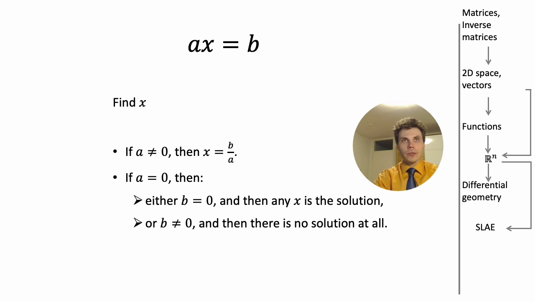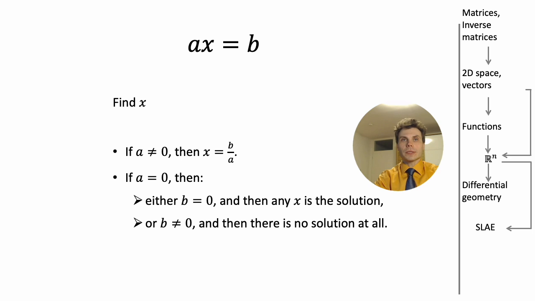Case number two is if a is equal to 0, and then there are two subcases. Either b equals 0, and then x can be whatever number, because any number multiplied by a, which is 0, will give you 0. So x is arbitrary in this subcase.